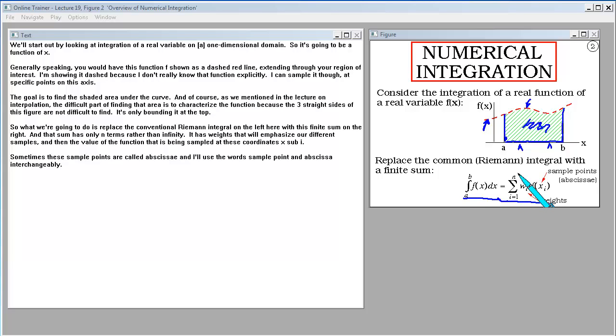And that sum has only n terms rather than infinity. It has weights that will emphasize our different samples, and then the value of the function that is being sampled at these coordinates x sub i. Sometimes these sample points are called abscissa, and I'll use the word sample point and abscissa interchangeably.